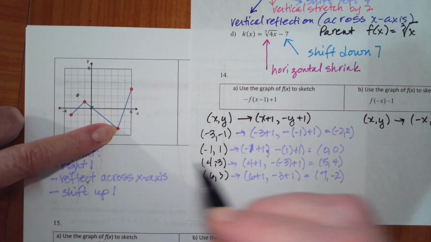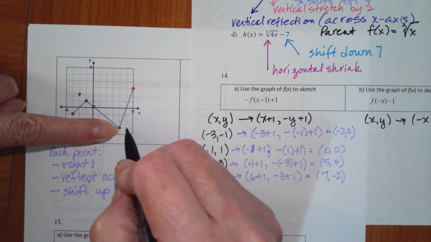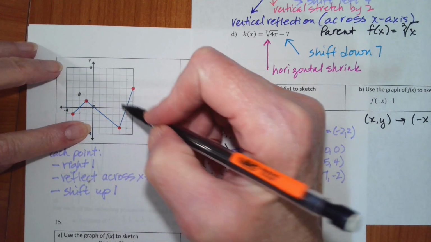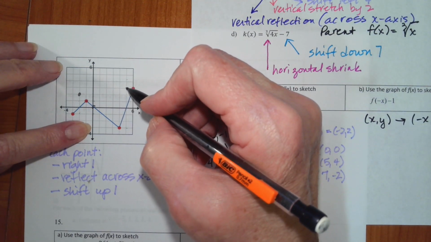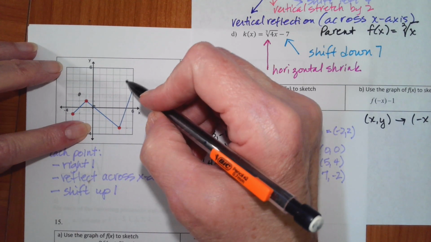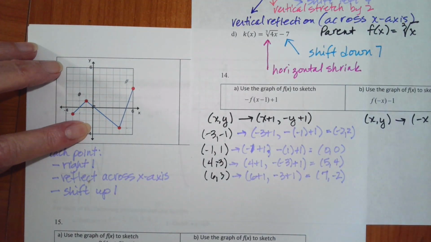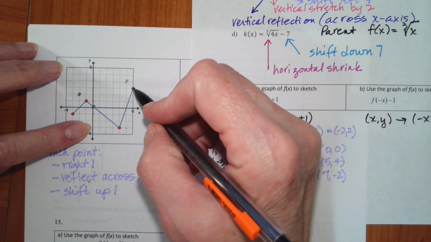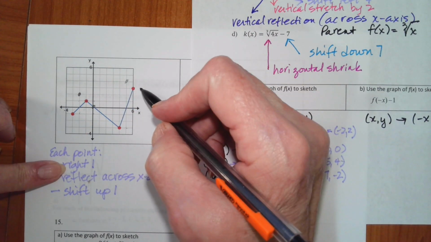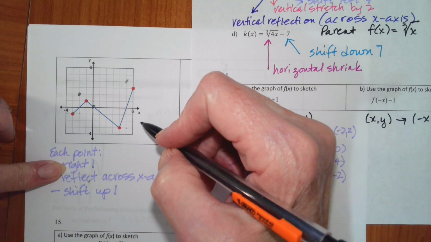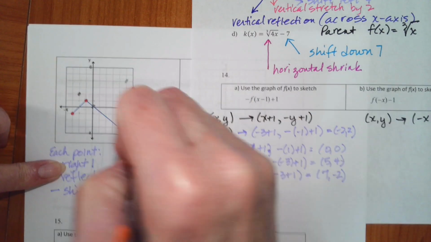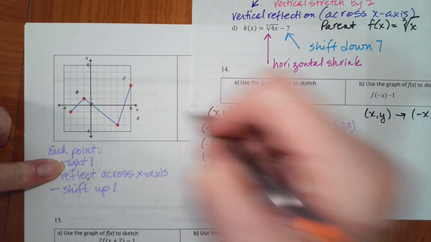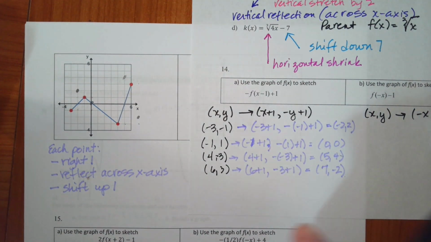If I take this point, move it to the right one, reflect it across the y-axis, which means the -3 becomes +3, and then move it up 1, it moves to the point 5, 4. If I take this point, move it to the right one, reflect it across the x-axis, and then move it up 1, it takes me to the point 7, -2.